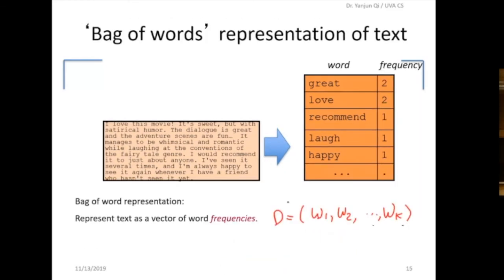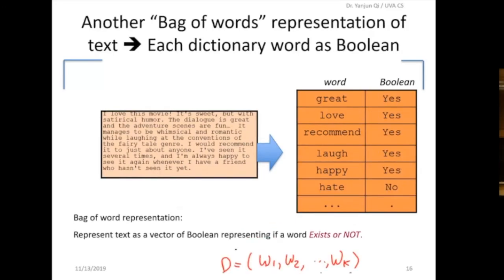But this is actually just one possible choice. An even more simplified choice is to just check whether that word appeared in the article or not, and the only thing you record in the vector is yes or no. This makes each entry of the vector a binary representation.